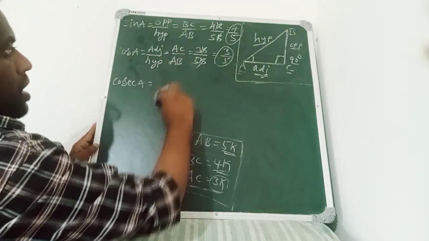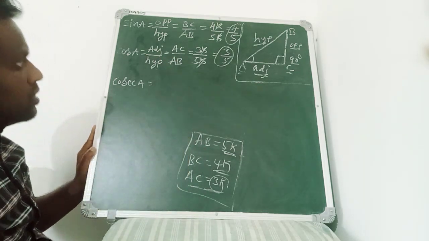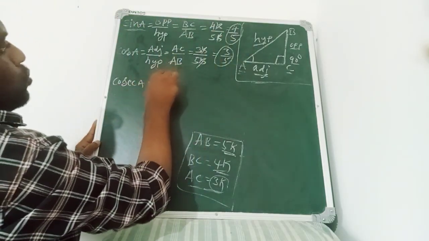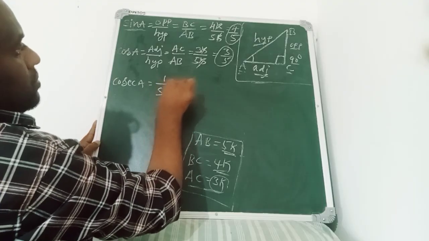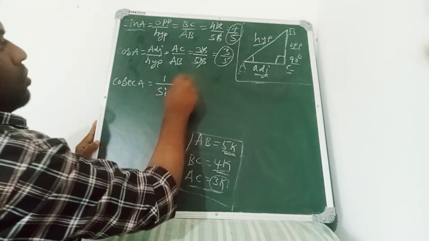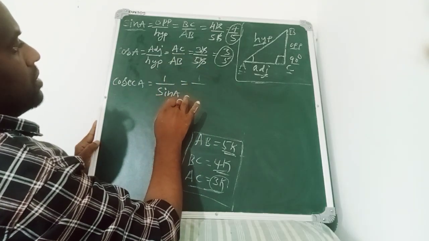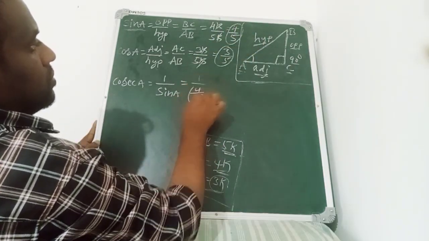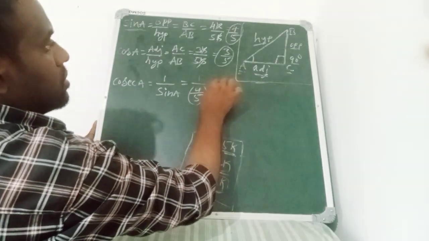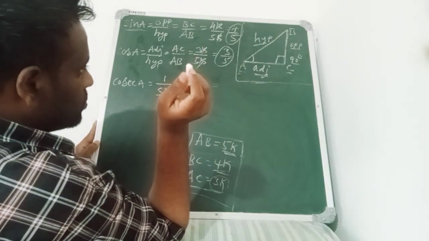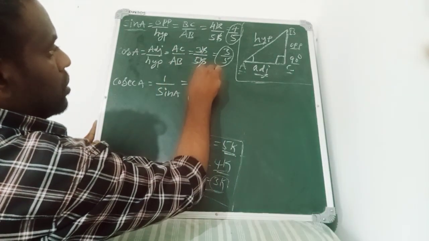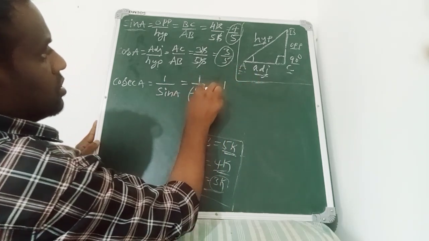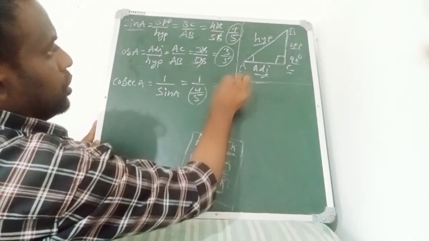What is that other formula? I will show now. Since we know sin A, cosecant A is 1 by sin A. So now 1 by sin A means 1 divided by 4 by 5. 1 you keep as it is. Now this is division. I will change this division into multiplication.